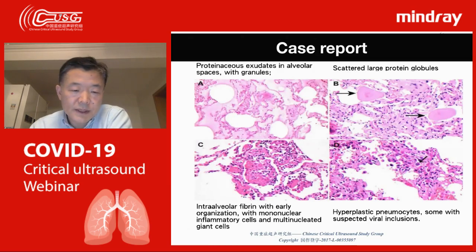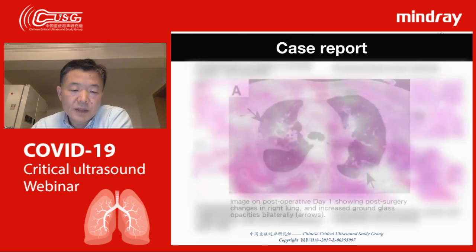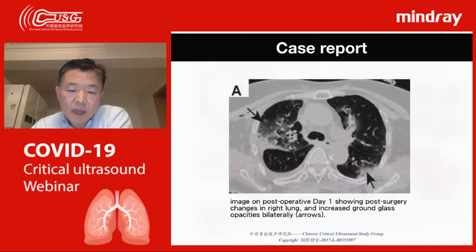You see the CT scan image on post-operative day 1, showing post-surgery change in the right lung and increased ground glass opacity bilaterally. You see the two arrows showing this part.